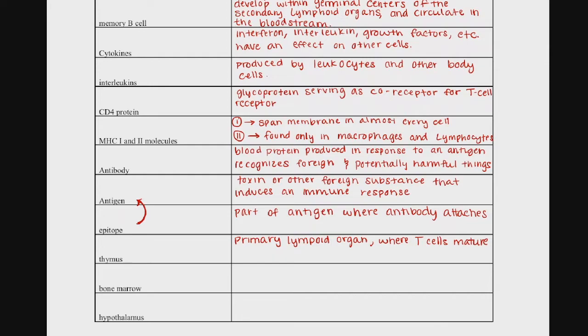The bone marrow contains stem cells, and stem cells can develop into red blood cells, and we know red blood cells carry oxygen through the body, or can develop into white blood cells that fight infections.